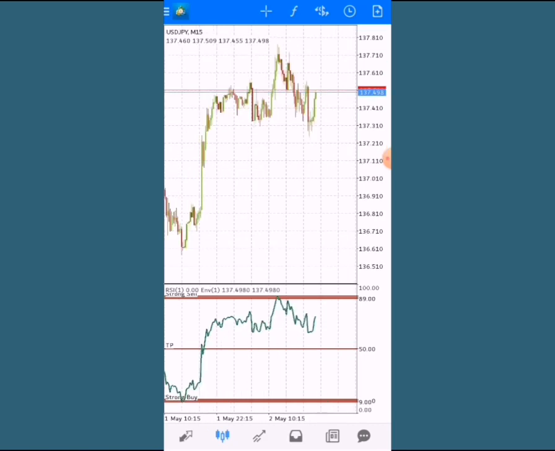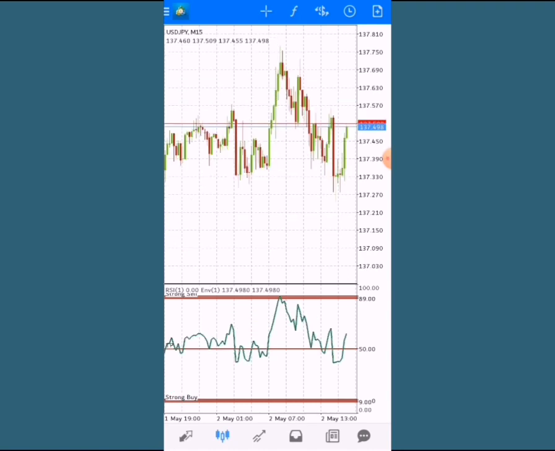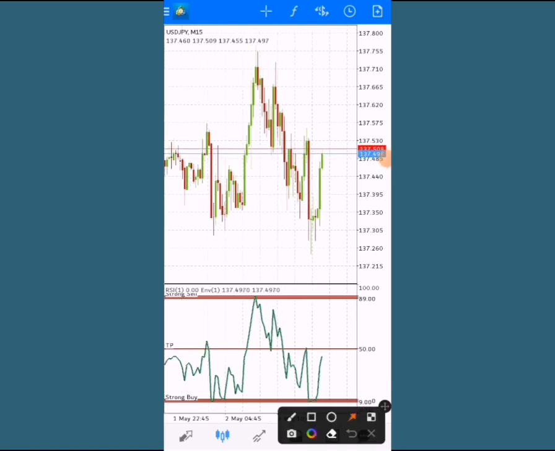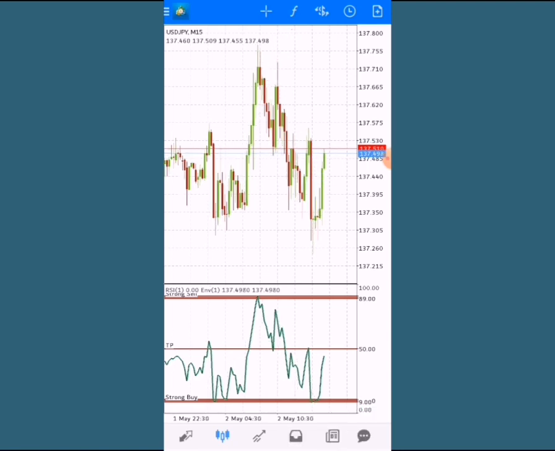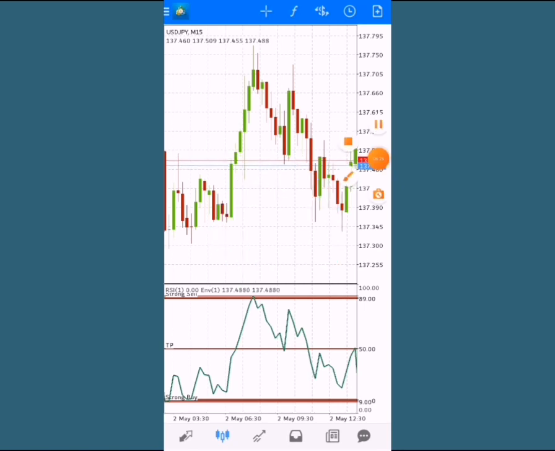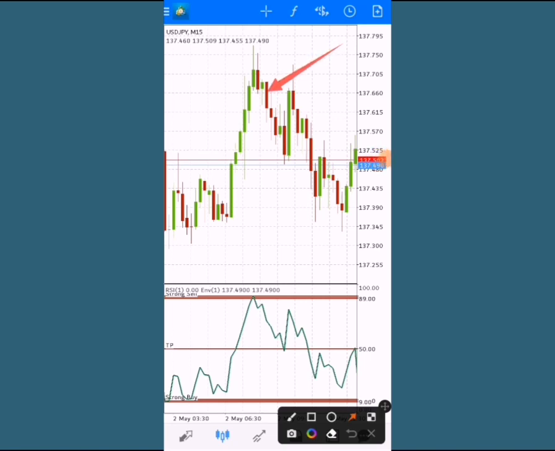So you can zoom out your screen, but if you can't clearly see, zoom in until you can see the candles so that you are able to identify a bearish engulfing candle. If you can take a very close look, this was the first bearish engulfing candle.